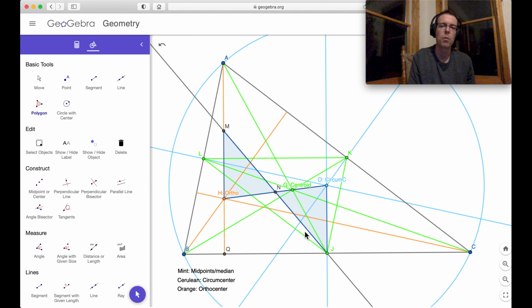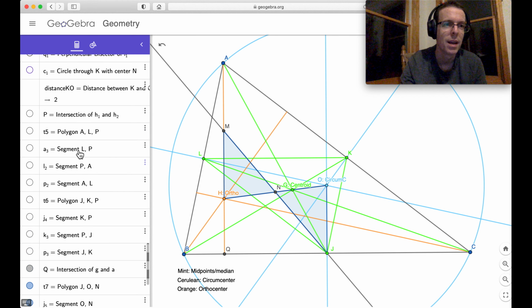And that tells us two important things here. First of all, it tells us that OJ and HM are equal in length. That's already interesting. It also tells us that JN and NM are equal in length. The reason that's interesting is that JN is already known to be a radius of that important circle that I hid, right?